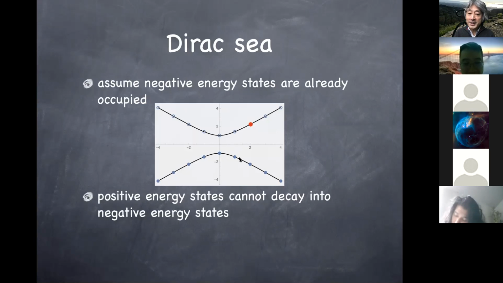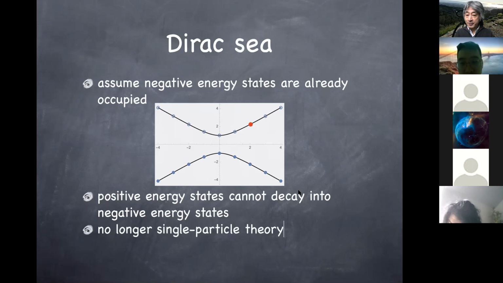So all the negative energy states occupied is now the ground state, because whatever additional particle you have is now stable. It can't decay. So the ground state of the system turns out to be the situation where all of the negative energy states are occupied. So you have an infinite number of particles occupying the negative energy states. That's the ground state. You can talk about a positive energy state by putting yet an additional particle into the system.